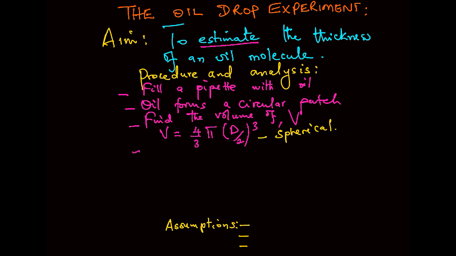We then calculate the area of the patch formed. The area of the patch A, because the patch is believed to be circular, is pi r squared.